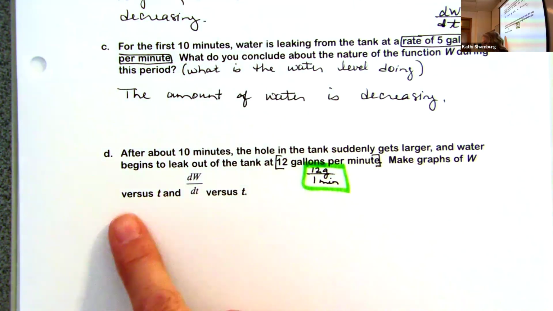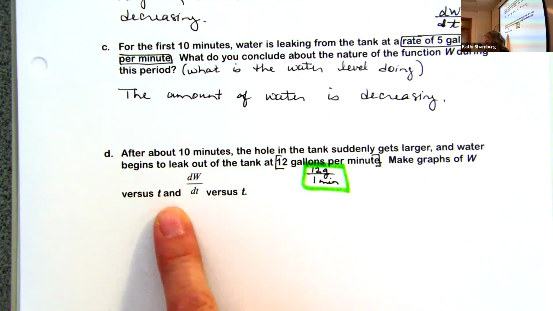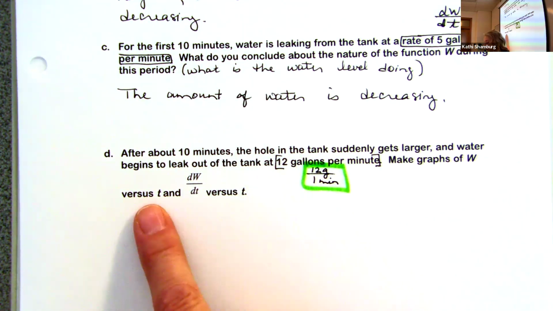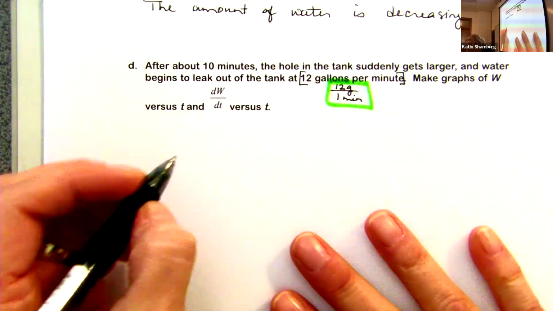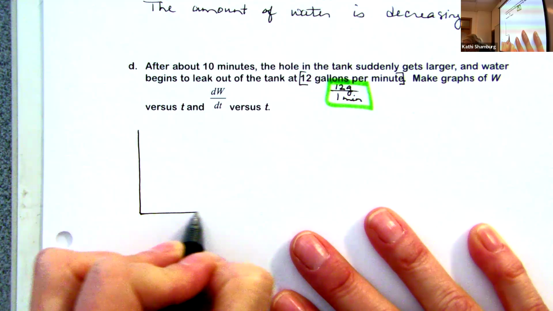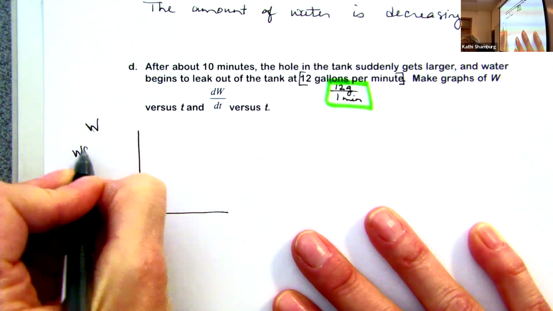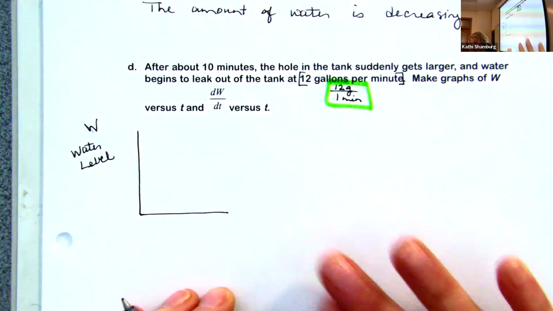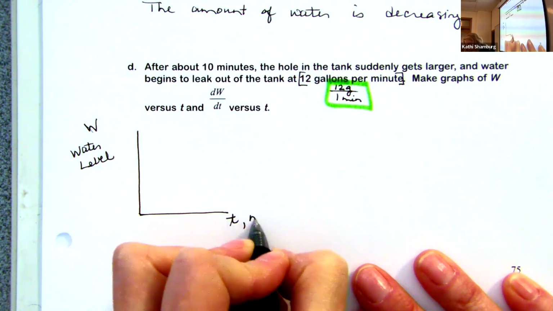So make a graph of the water versus time. So this is the level of water versus time, and then the velocity of that. Okay, so let's take a look at that. Let's just first do W, which is your water level, per T, which is minutes.